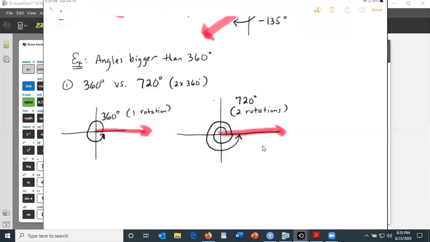All right, so let's write that down. There's a difference certainly, which is the number of rotations, but their similarity is more important. So we're going to put a star next to it because it's more important, is that 360 and 720 finish in the same position.